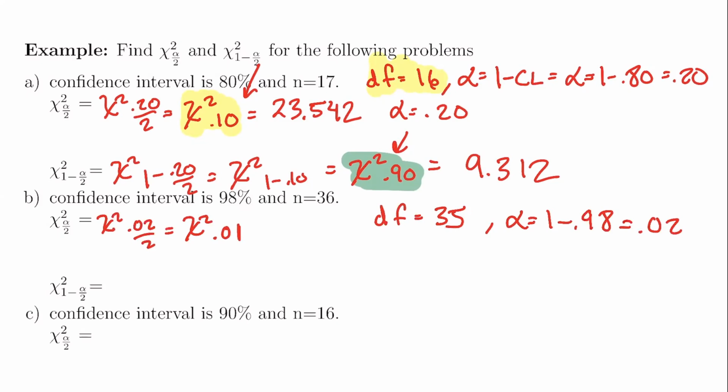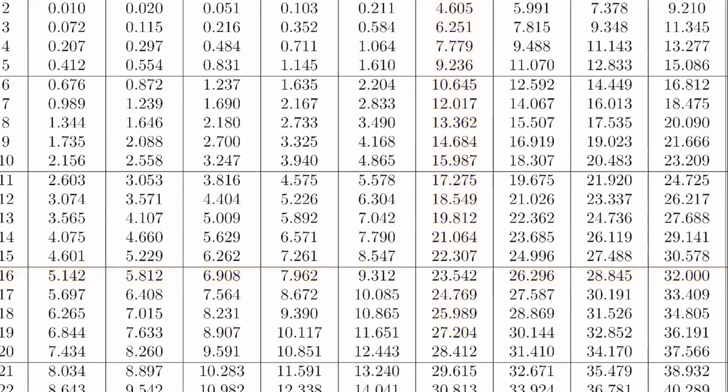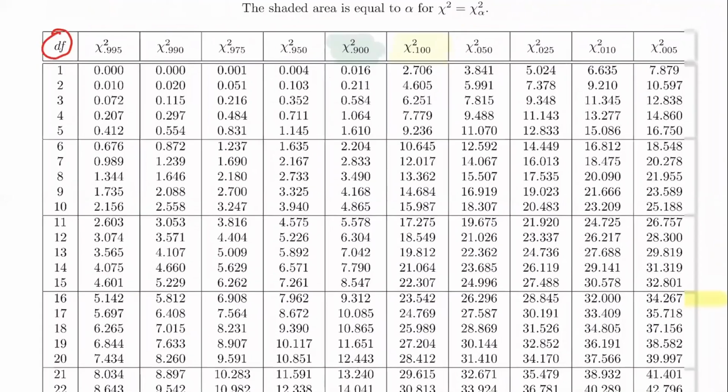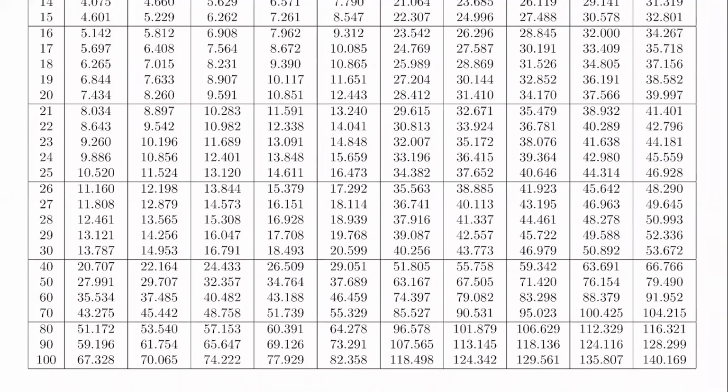All right, right now I'm going to look at the chi-square table. I'm going to look for degrees of freedom of 35, and I'm also going to look for chi-square of 0.01. So let me erase this. First let's look for degrees of freedom. There's actually no degrees of freedom of 35. 35 is exactly in between 30 and 40.